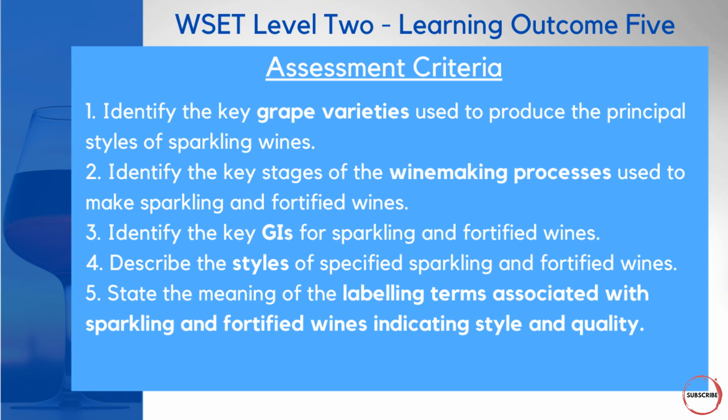And then finally, as with the other assessment criteria, being able to state the meaning of labelling terms, which might indicate style or quality. So what you'll notice here, these are quite similar in their approach to that which we've covered for the principal grape varieties as well as the regionally important grape varieties. So we're going to be looking at similar question structures when it comes to sparkling and fortified questions.